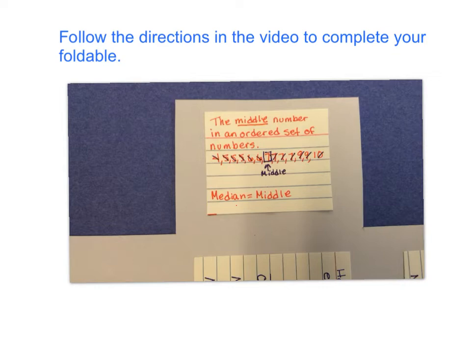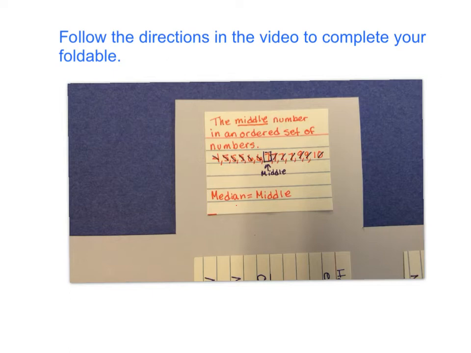And then you're going to write the information on that little card that you just made, and it says the middle number in an ordered set of numbers. So notice it says an ordered set of numbers. You have to be sure you put your numbers in numerical order. So I've listed all of the numbers from our dot plot that's in the middle, and then I crossed out the lowest number and the highest number and the lowest number and the highest number until I reached one middle number.